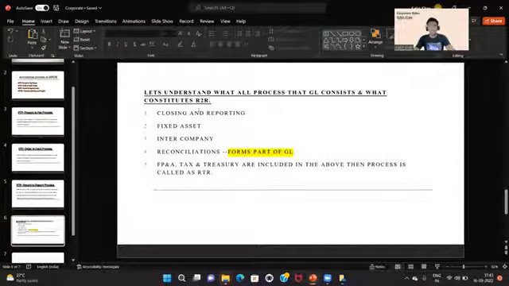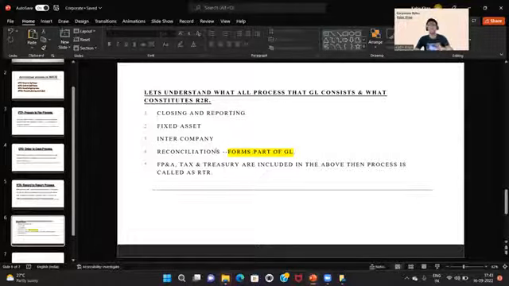So if a process has closing and reporting, so month end we have the closing and reporting where we close our books. Second is the fixed asset, and we have the fixed asset team separately, and we have the intercompany, and we have the reconciliations.